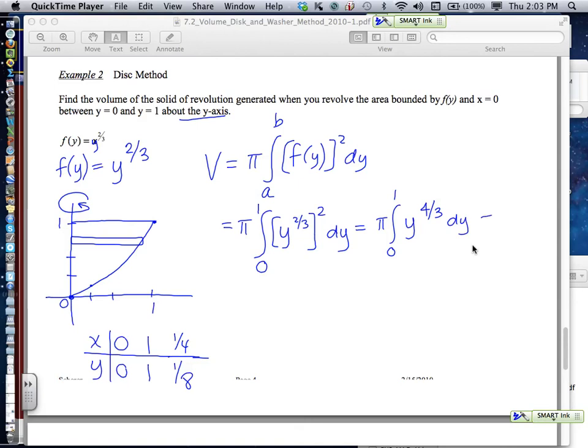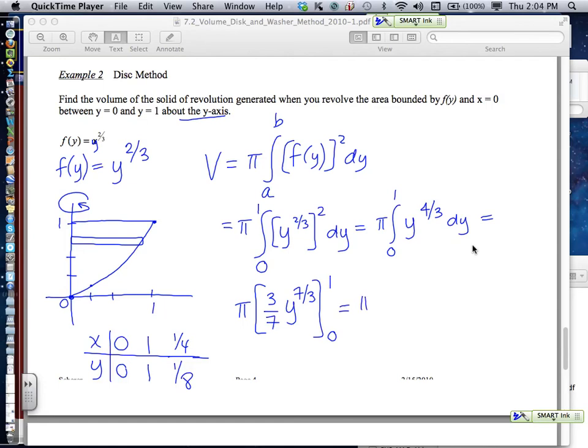And now to finish this up, we can go ahead and integrate. So when I integrate y to the 4/3, I want to add 1, so add 3/3. So I have y to the 7/3. And then I'm going to divide by 7/3, so multiply by 3/7. And then I just have to evaluate from 0 to 1.